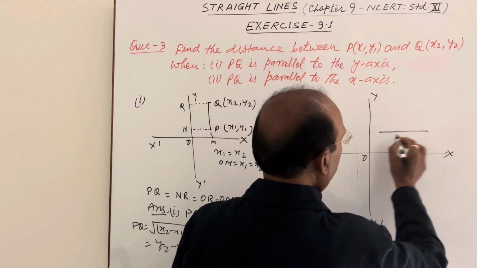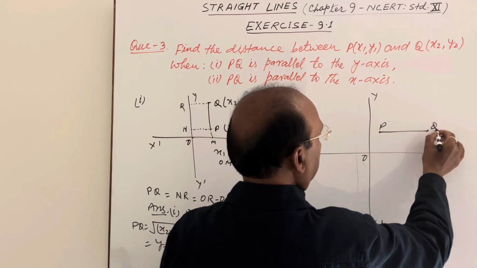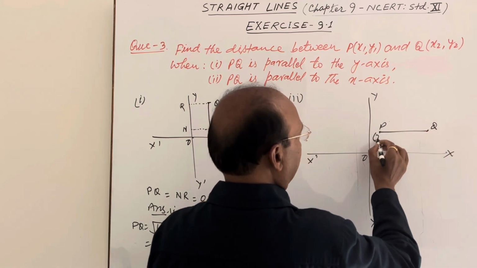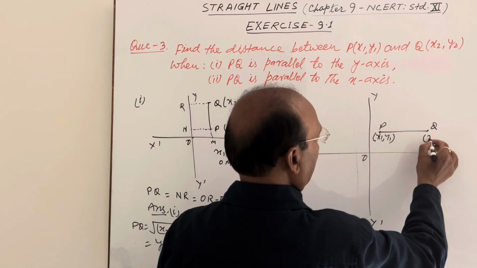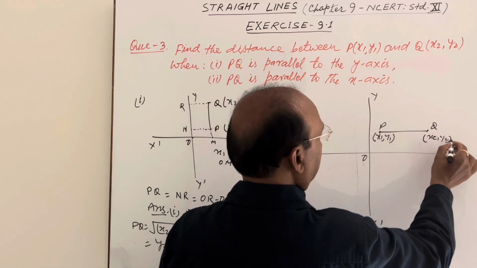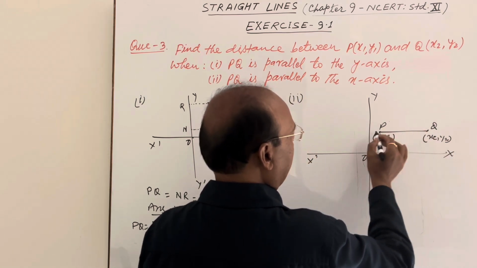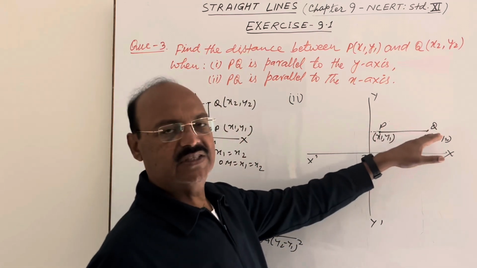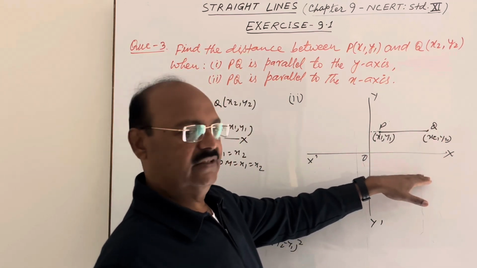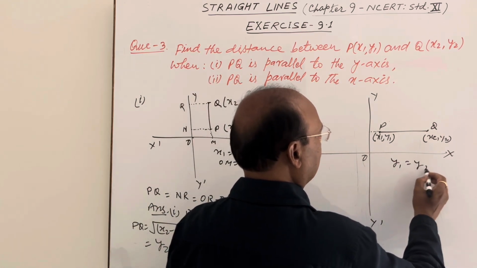Suppose PQ is here, point P and point Q. Coordinates of point P, let us take x1, y1 and coordinates of point Q are x2, y2. So here the y coordinates of both the points P and Q will be the same because PQ is parallel to the x-axis. So in this case y1 is equal to y2.